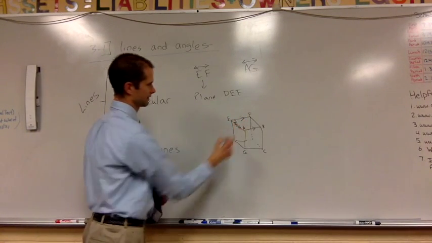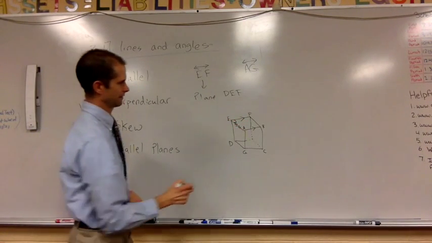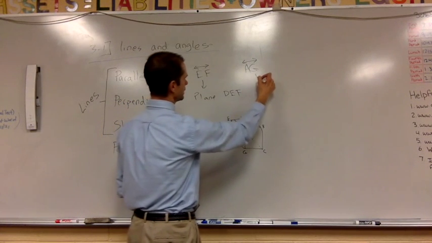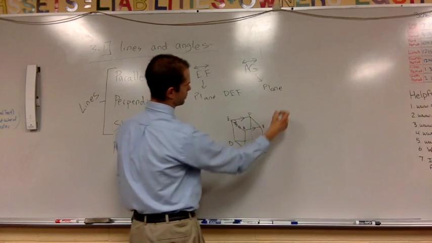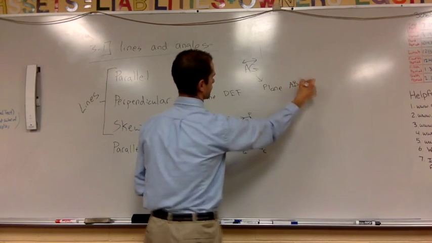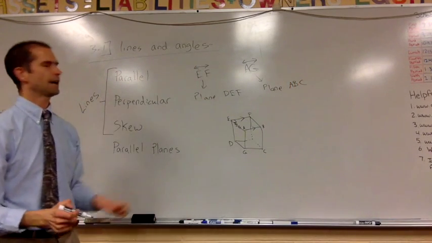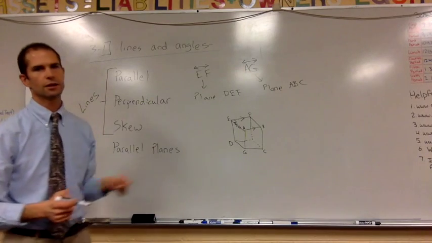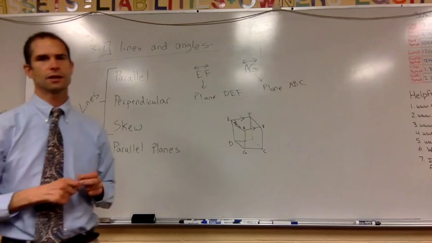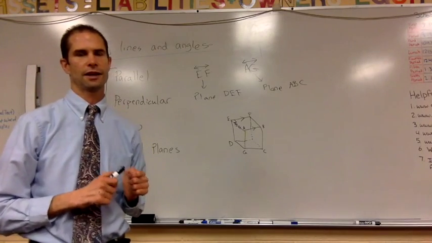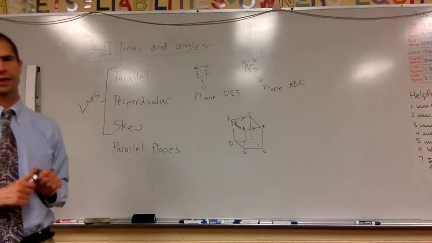There's this space in between the two planes. So AG is on plane ABC. These two lines, we call them skew lines because they will never touch. They are not on the same plane, yet they are not parallel.